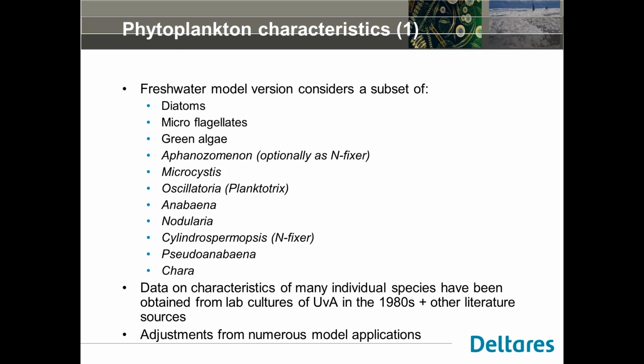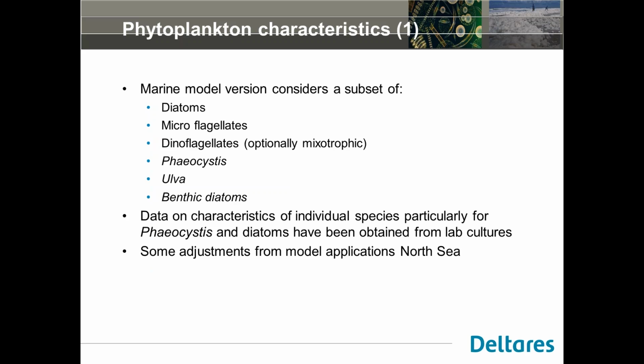The basic data set for the characteristics of these species have been obtained from work in the laboratory, plus literature sources, but there have been, of course, adjustments during model applications.